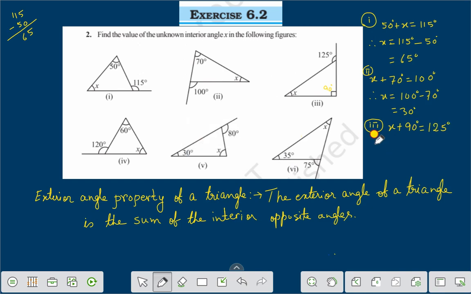Or you can say x is equal to 125 degree minus 90 degree. If we subtract, 125 minus 90, that is 35 degree. So the value of x will be 35 degree.